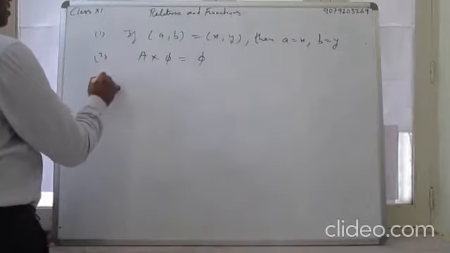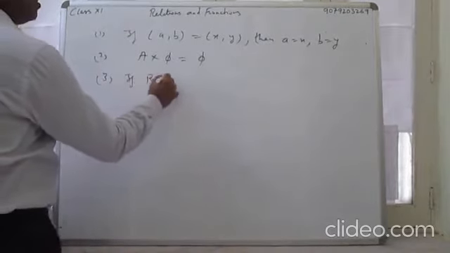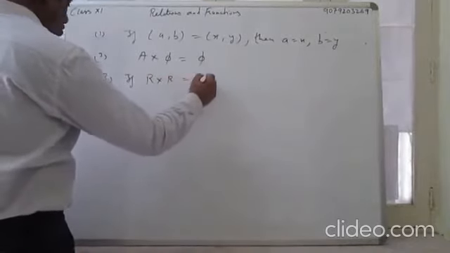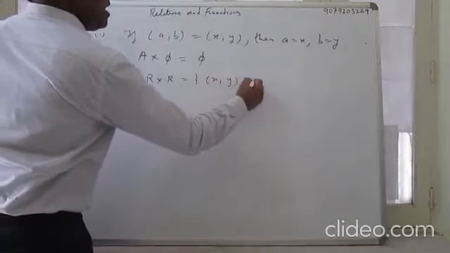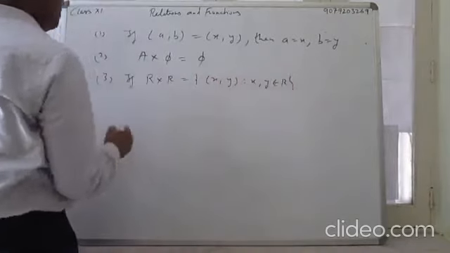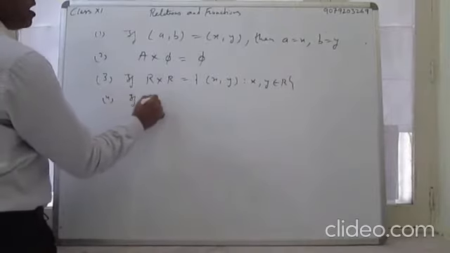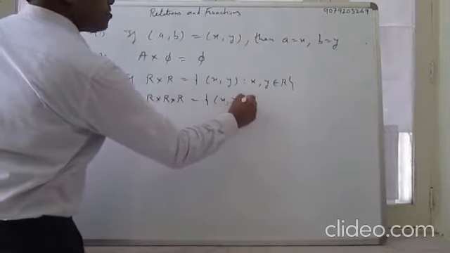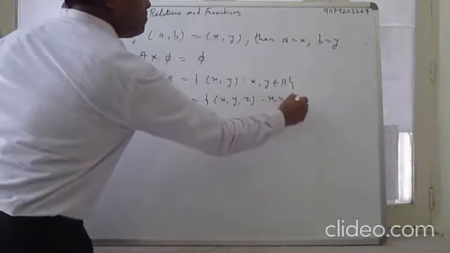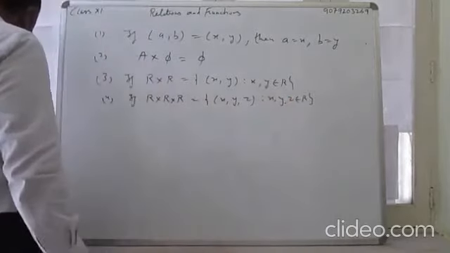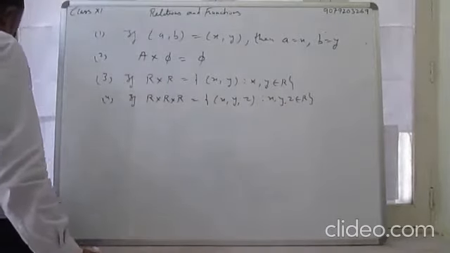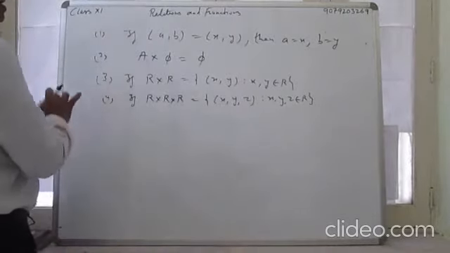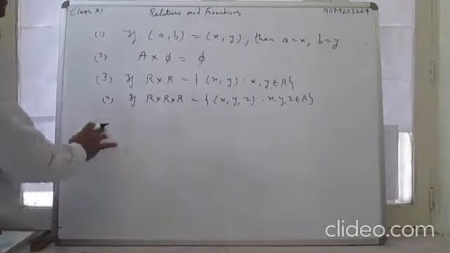In particular, R cross R is equal to the set of ordered pairs (x, y) such that x, y both belong to R. R cross R cross R is equal to the set of ordered triples (x, y, z) such that x, y, z belong to R. So these are some relations regarding the Cartesian product of sets.